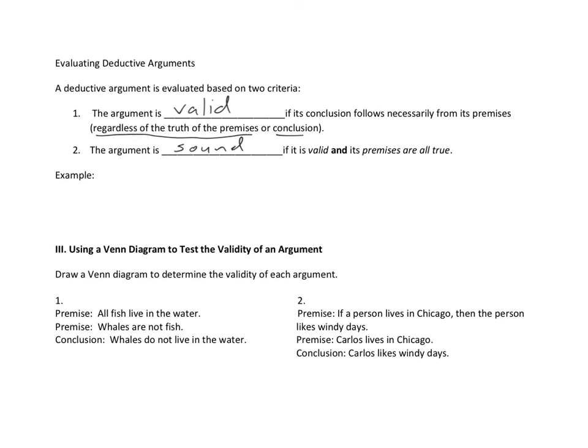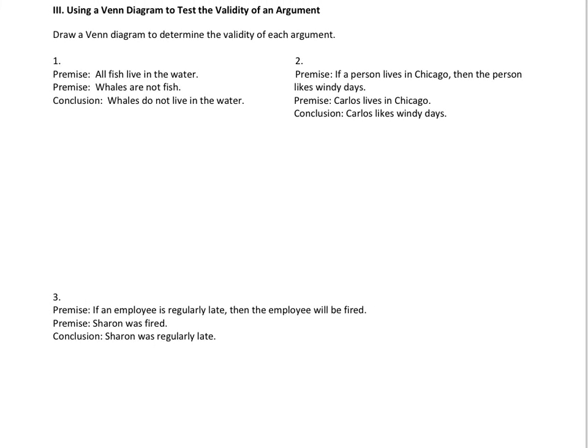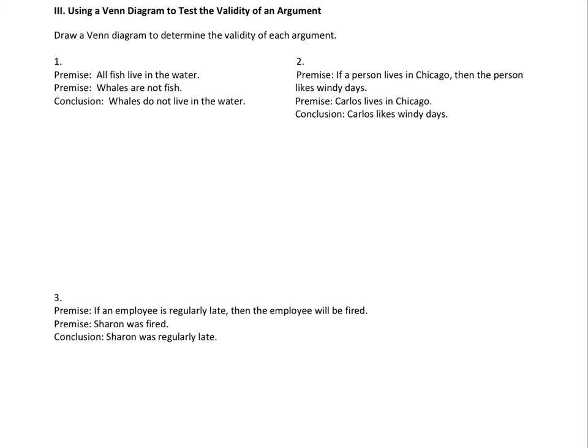So let's take a look at some examples here. We have three examples here. We're using Venn diagrams to determine the validity and the soundness of an argument. What I'm going to do now is look at number 1 here.